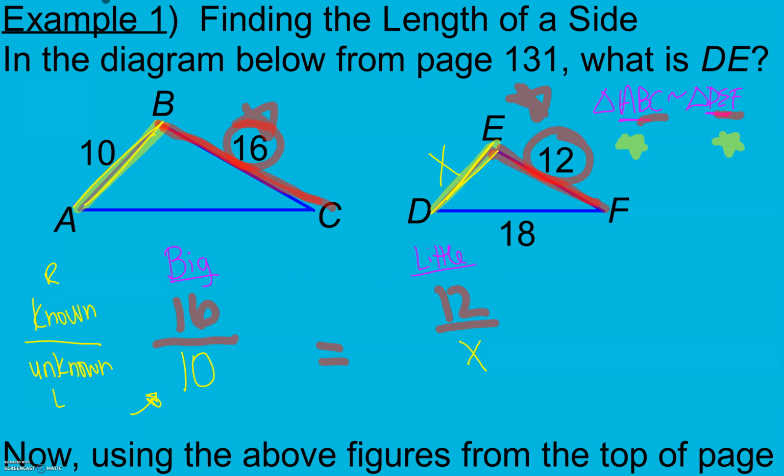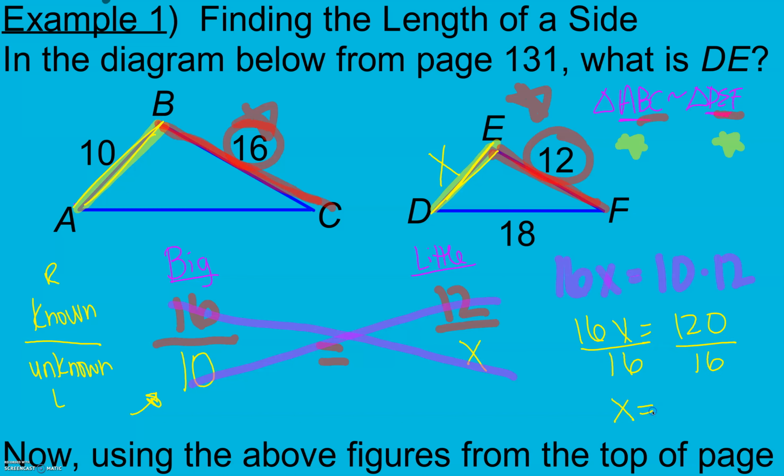Now that we have our proportion, we can solve it. In order to solve proportions, we cross multiply. So I take 16 times x equal to 10 times 12. I get 16x equals 120. Divide by 16.